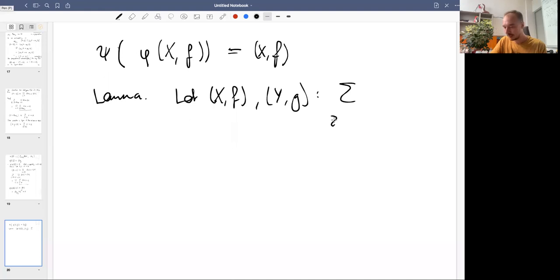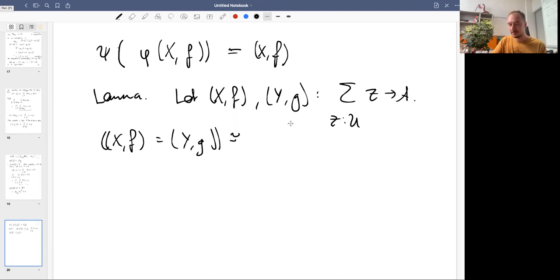Let me now write Z in U, Z arrow A. Then the type (X, f) equals (Y, g) is equivalent to the type of all... Well, okay, so first you have to say what is equality from X to Y? Well, that's equality of types. So we can say this must be an equivalence e from X to Y.